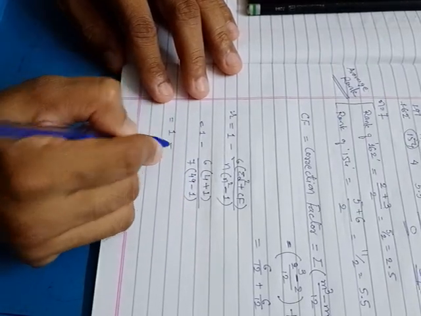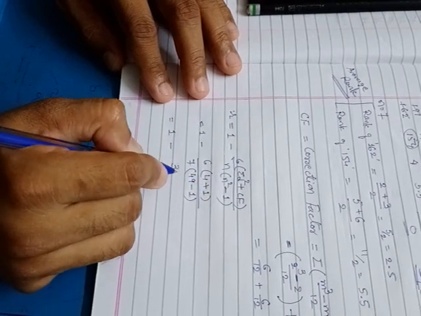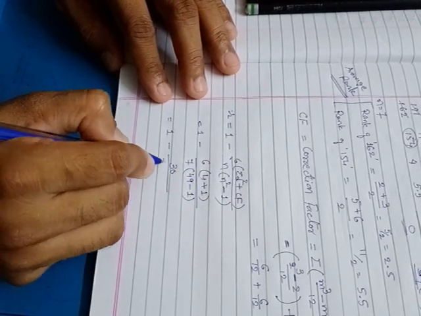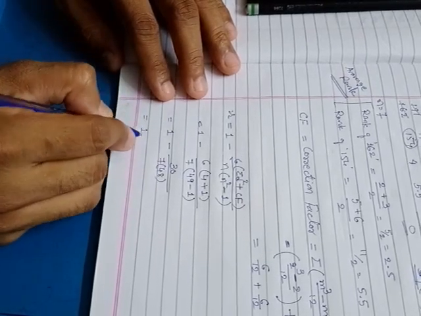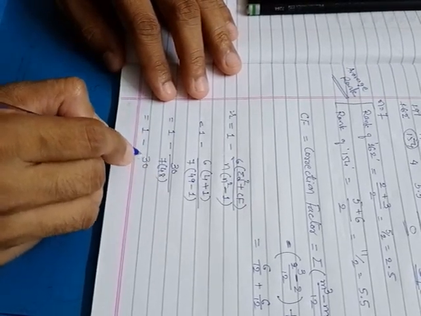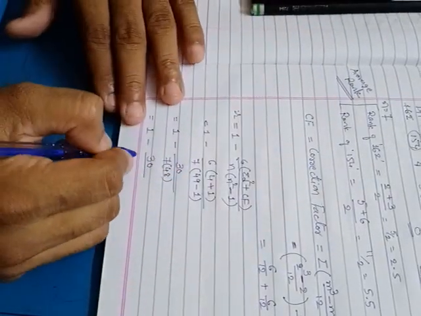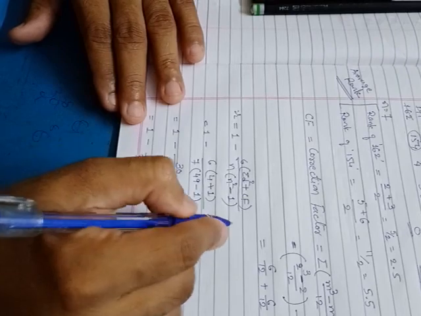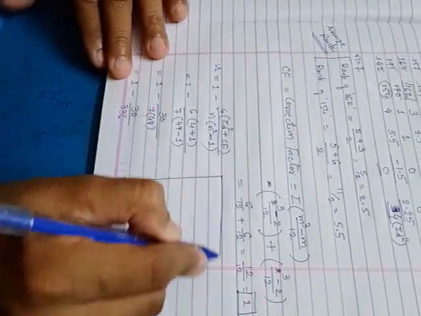So 1 minus 6 into 4 plus 1 is 5, 6 into 5 is 30 upon 7 into 48, that is equal to 1 minus 30 divided by 7 into 48 is 336. I am showing you the calculation over here, remaining part also on this corner.